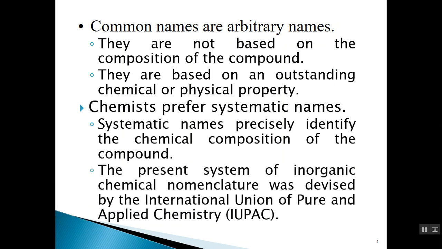Now, the systematic naming system is actually devised by an organization called the International Union of Pure and Applied Chemistry, abbreviated IUPAC. In fact, it's a division of this organization that meets on a regular basis to decide and agree on naming compounds.